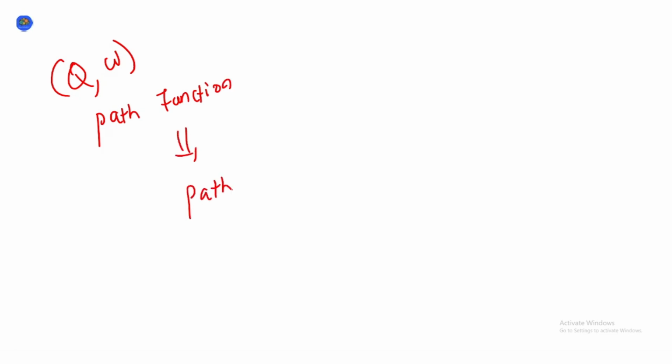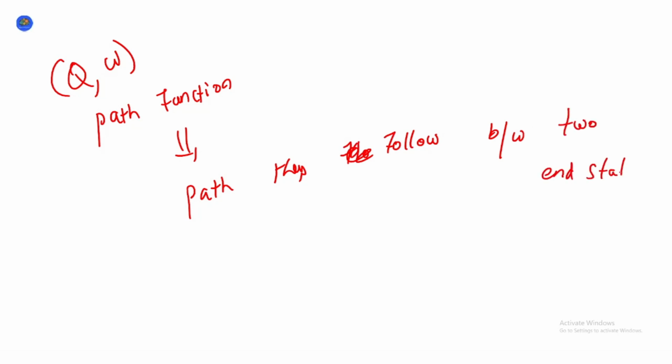All the flowing quantities are going to be path functions. So I can say that heat and work are path functions because they depend upon the path they follow between two end states.